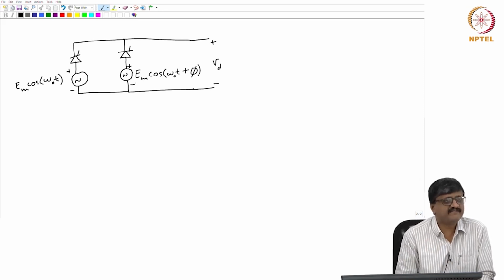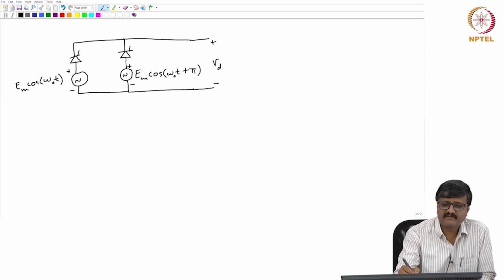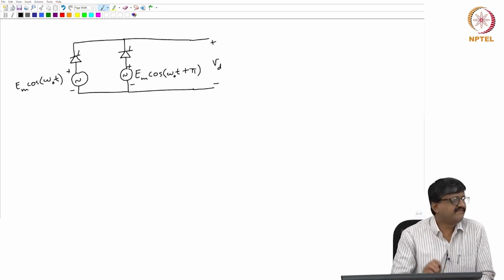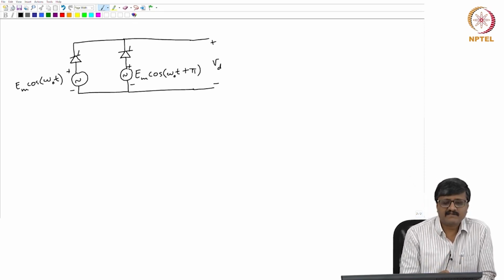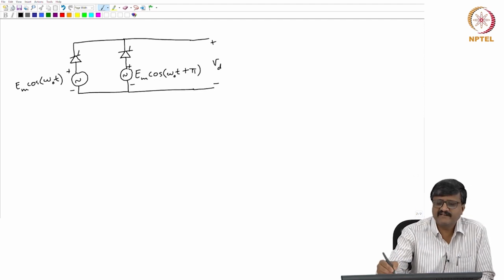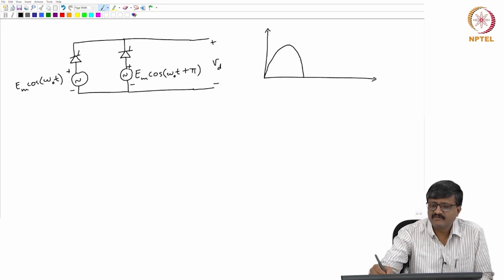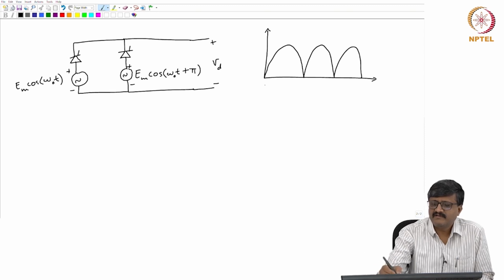So, if phi is pi, that is 180 degrees, and just for the sake of simplifying our analysis, I assume that the gate current is constantly given, then I get a waveform which is sinusoidal.